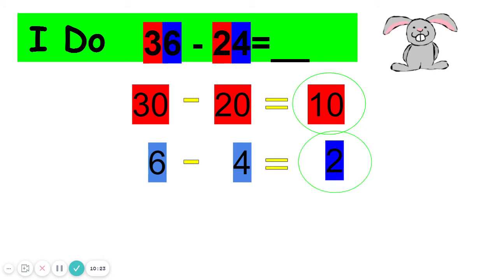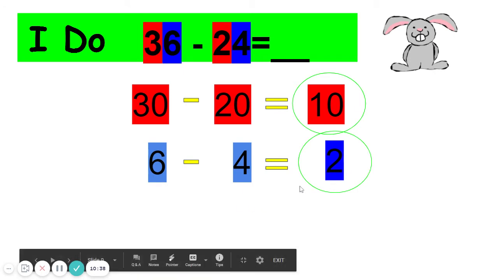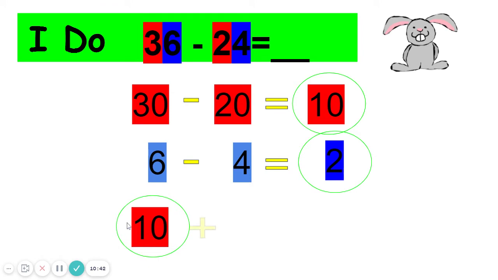Now I'm ready for my fourth and final step, because I had first expanded my minuend and subtrahend in my original subtraction problem. I subtracted my tens, I subtracted my ones, and now the final step is to take my partial differences, add them together, and find my total difference.